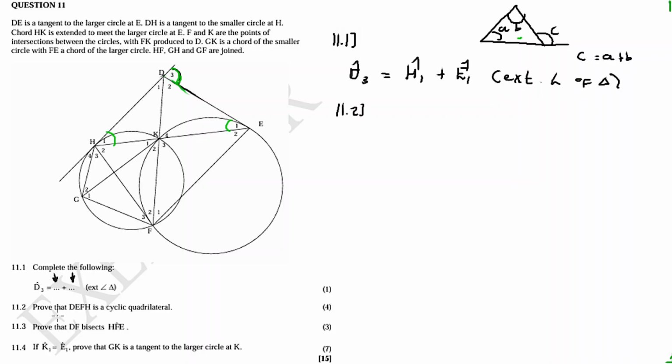11.2. Prove that DEFH is a cyclic quad. Who's that? I see highlighted maybe.